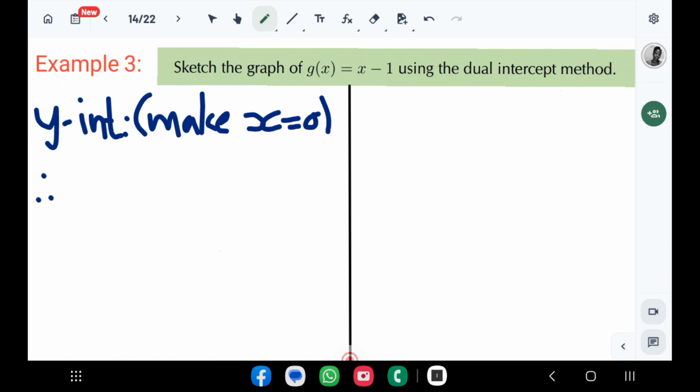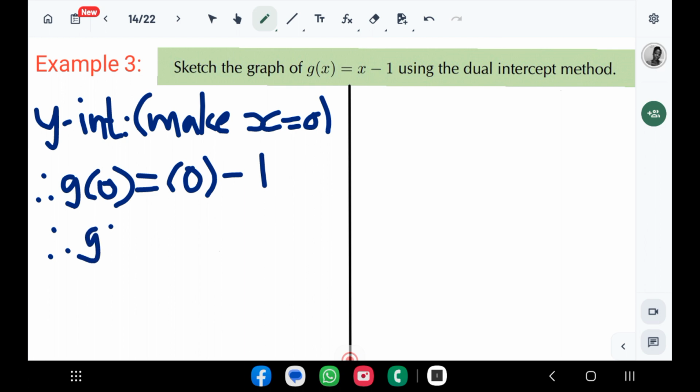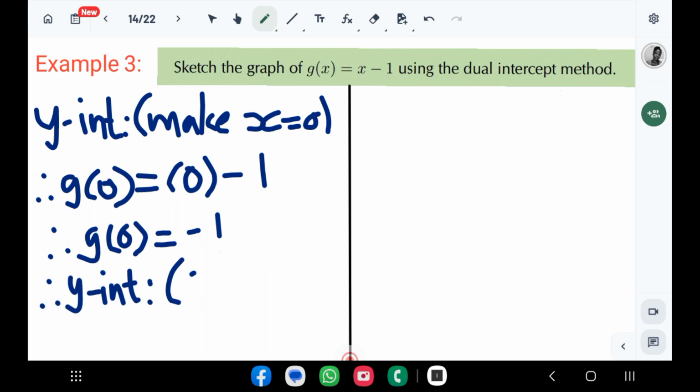So we go g of 0 equals 0 minus 1. We substitute 0 for x. That gives us g of 0 equals -1, meaning that the y-intercept has the coordinates (0, -1).